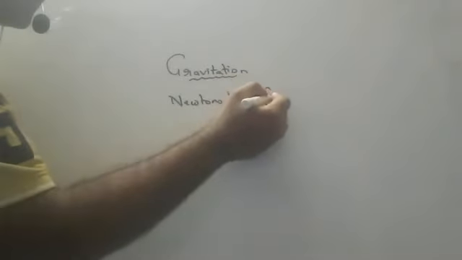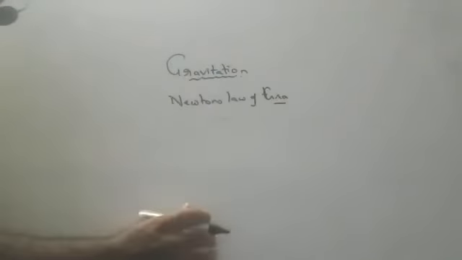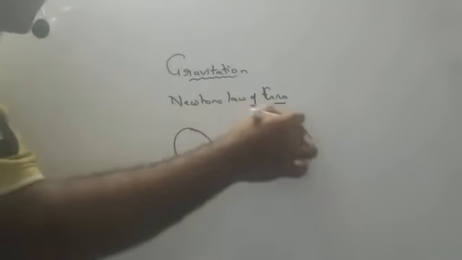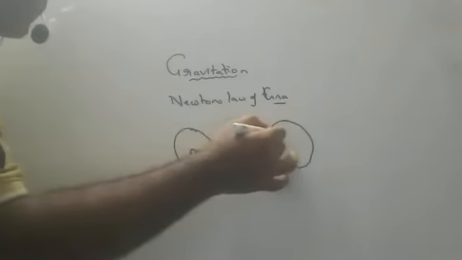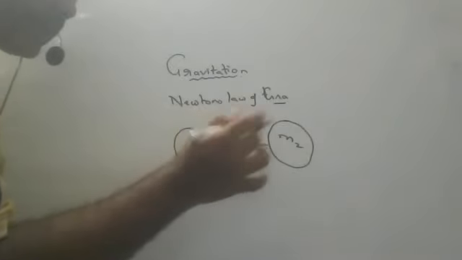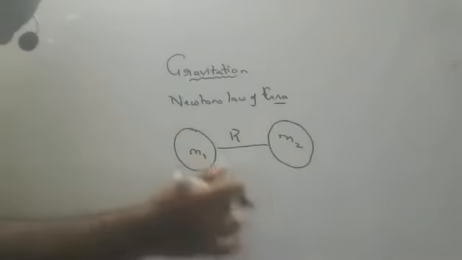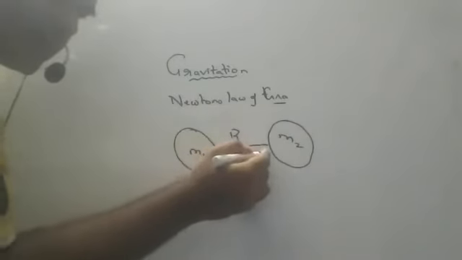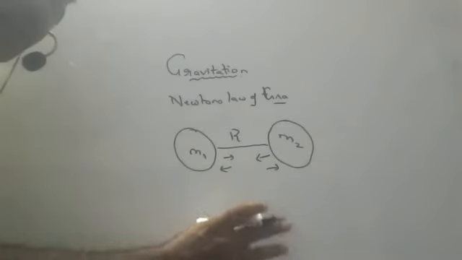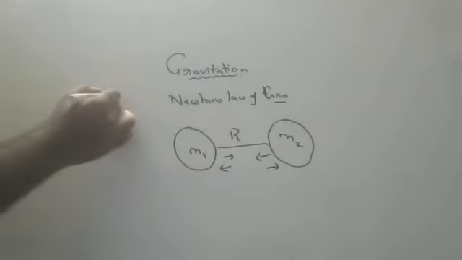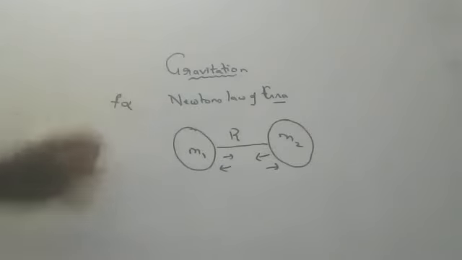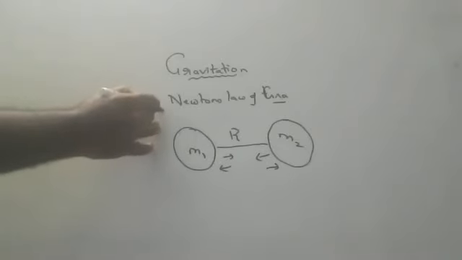According to Newton's law of gravitation, if two planets or two heavenly bodies are there, whose masses are m1 and m2, separated by a distance r or d, whichever you want, they may attract or they may repel with a force which is directly proportional to the product of their masses.